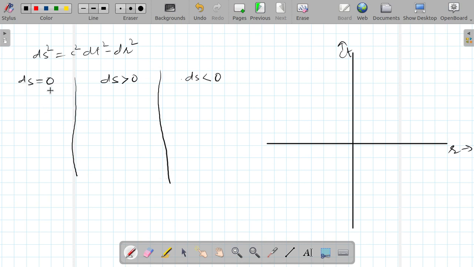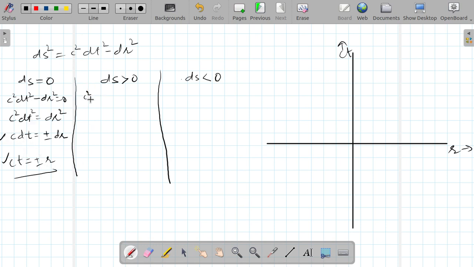So if ds is 0, that means c square dt square minus dr square is equal to 0, or c square dt square is equal to dr square. I can express this as c dt must be equal to plus or minus dr, or in other words ct is equal to plus or minus r. This is one and the same thing; I can express it in this manner or that manner. Different books will take different notations.